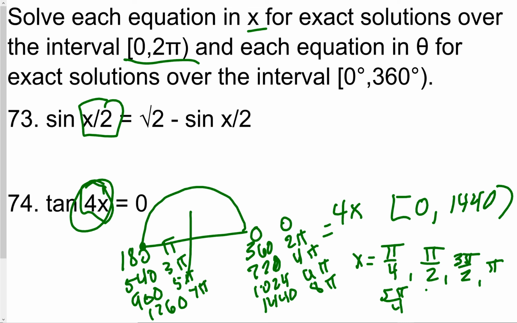Then 6 pi, that's 3 halves pi. So I guess I probably should leave it as 6 pi over 4.